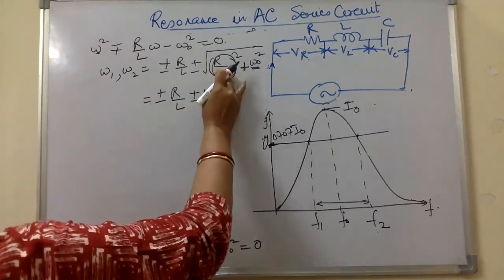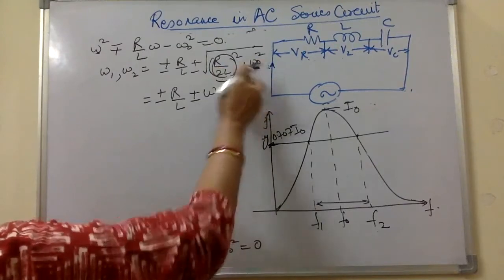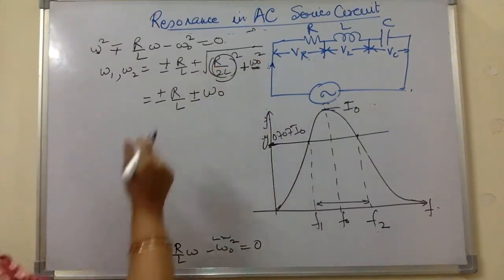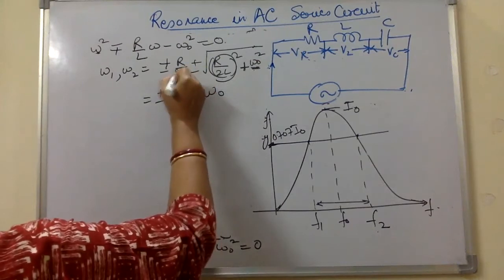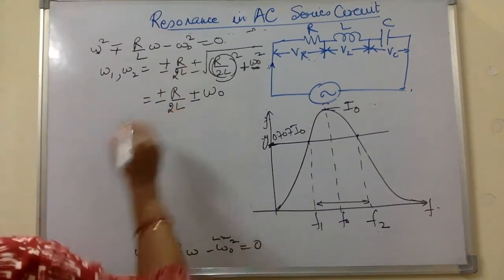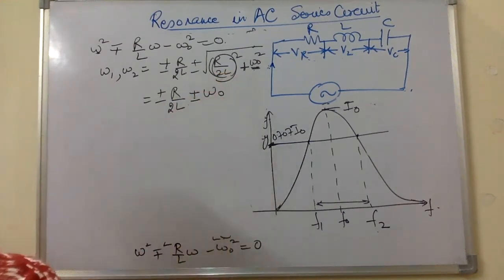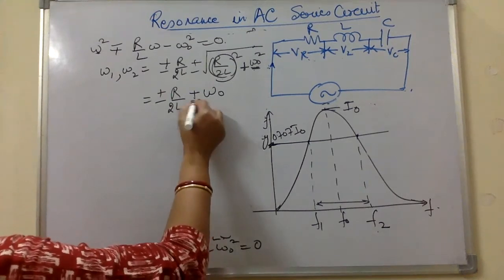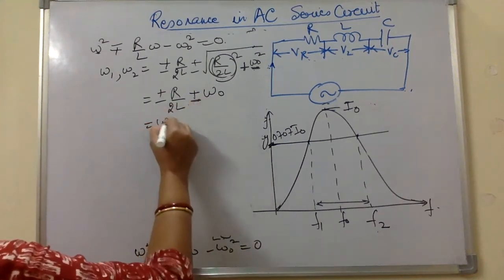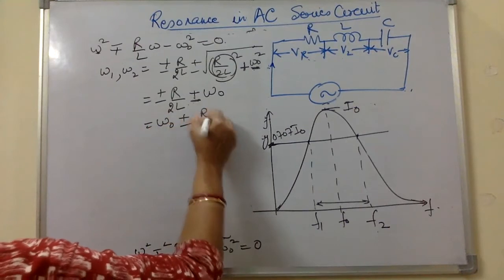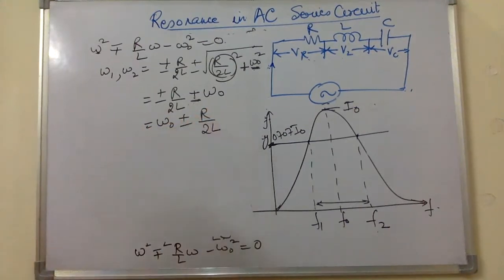Because when you neglect this term, this becomes omega square and you will be only left with R by 2L over here, and this will be this expression. Now because the frequency can't be negative, hence the expression finally changes to omega 0 plus minus R by 2L.